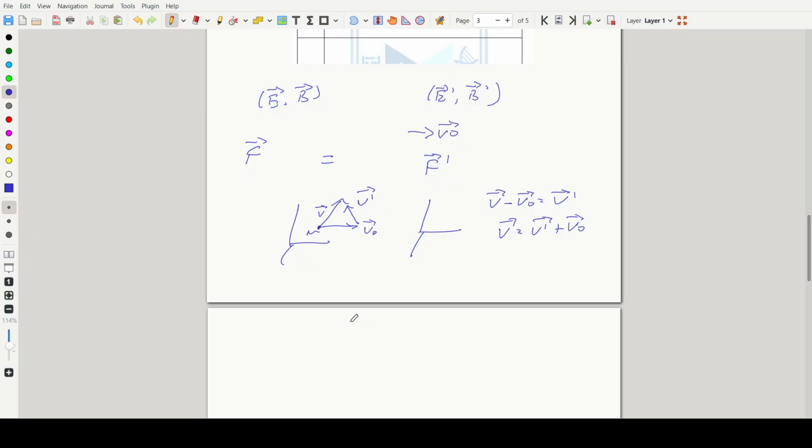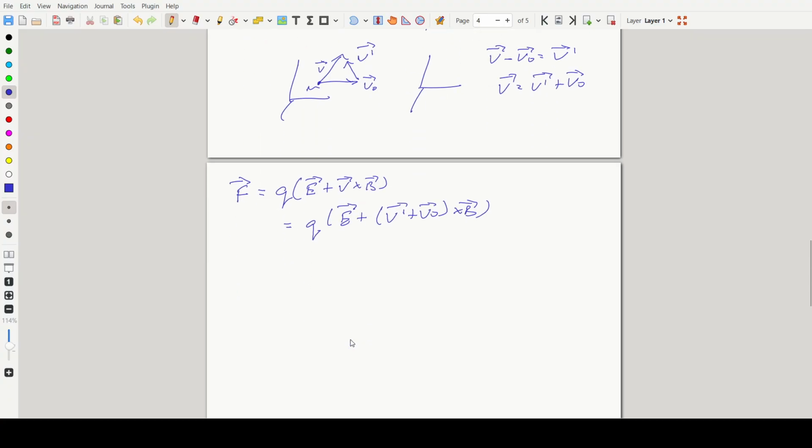Now let me add the expression for F in the rest frame. It's q times E plus v cross B. q is invariant because of the universal conservation of charge. So I will plug this vector expression in here to get this. I'll hold on to this equation for now.